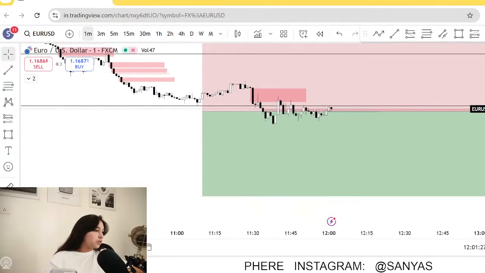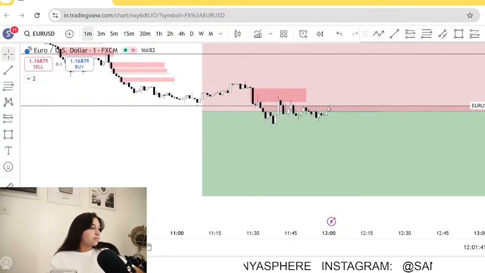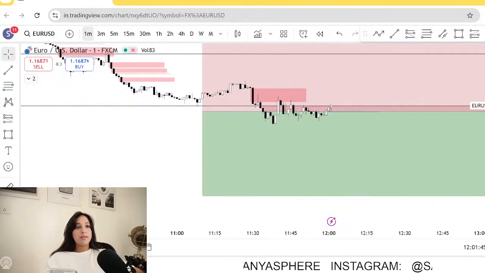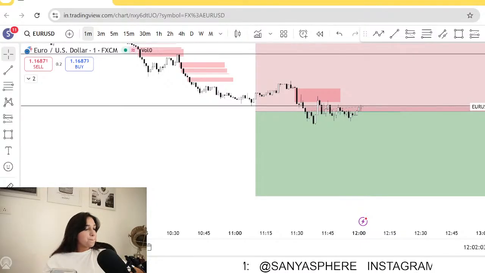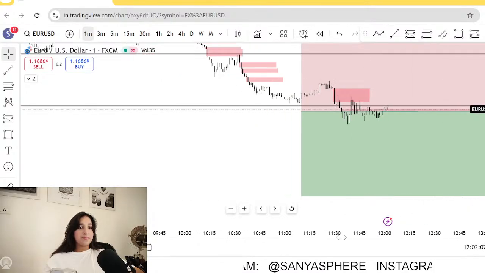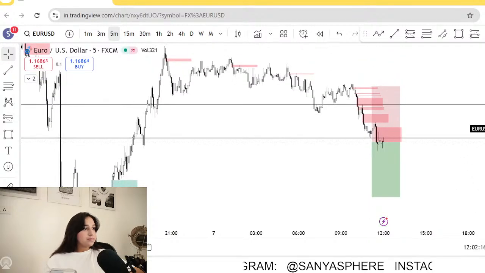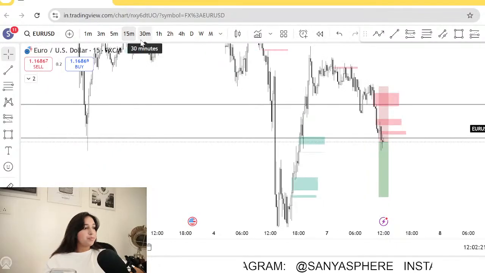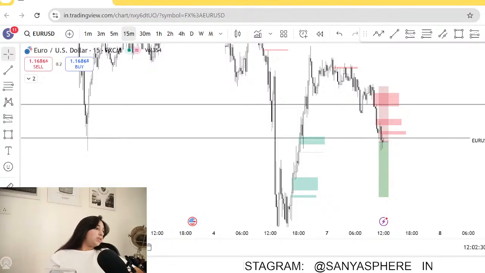Did you book 50% or are you continuing with the whole TP? I booked 70% and 30% is left to ride with SL at break even.